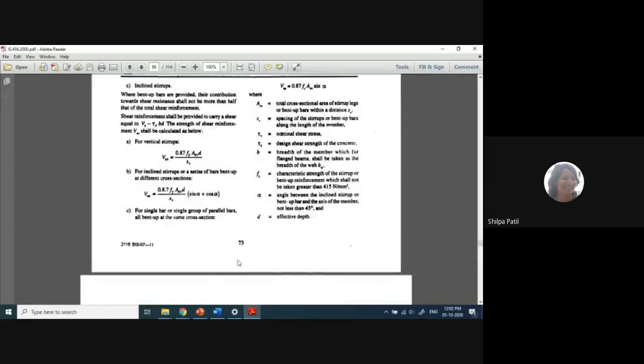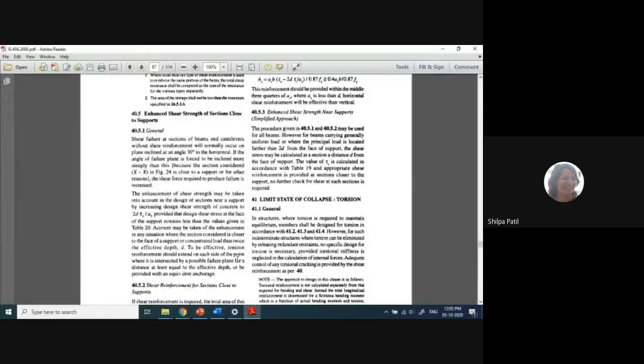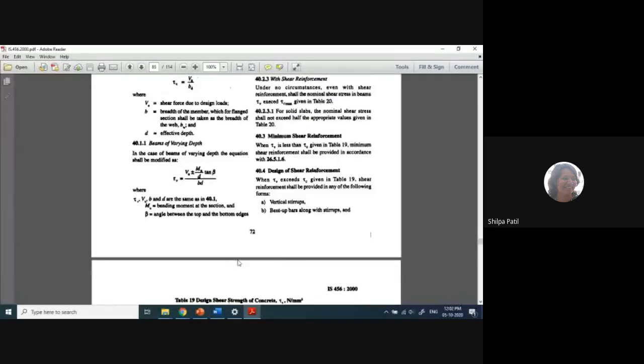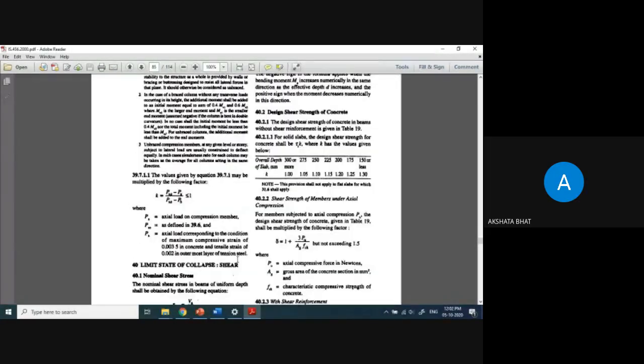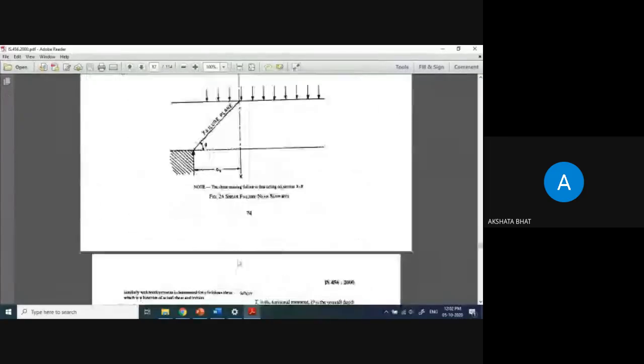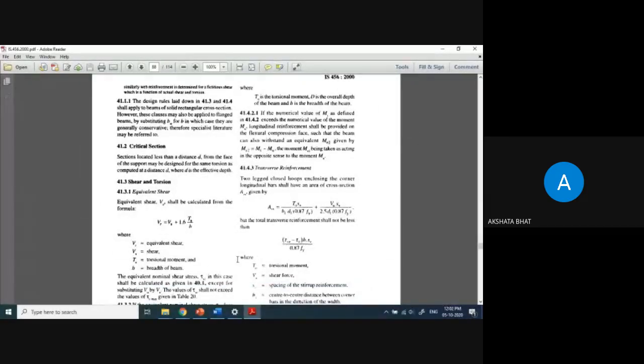Let me check the formula. Where is that formula? Page 75. It is 2.5, not 250. See the formula.